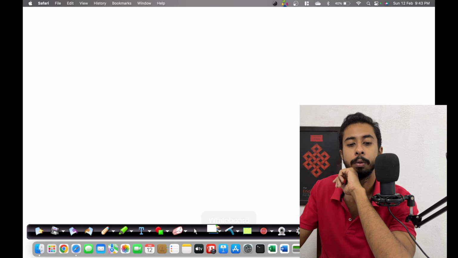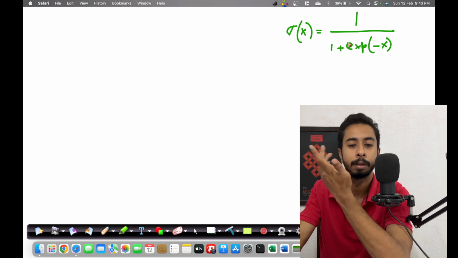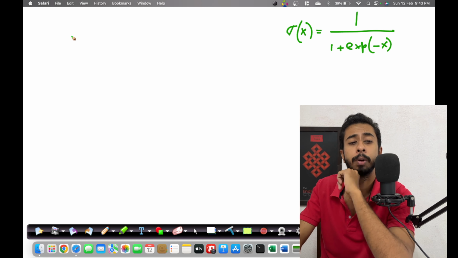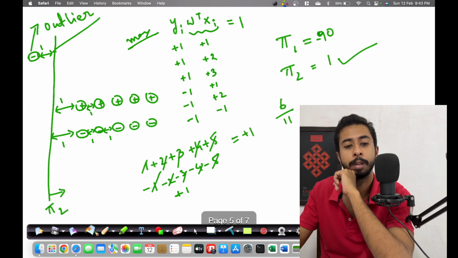Okay, now how will you use it? So what is the function? The sigma of x is basically nothing but 1 by 1 plus exp of minus x. Okay, this is the sigmoid function. Now what was our original function which was having the issues? We had this, right?